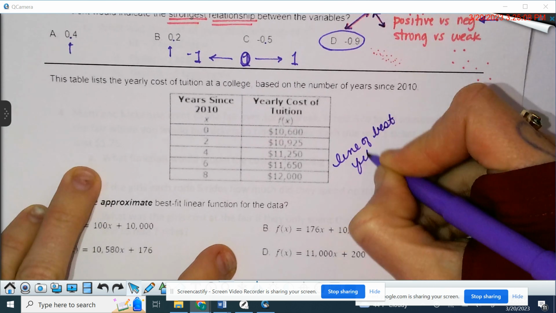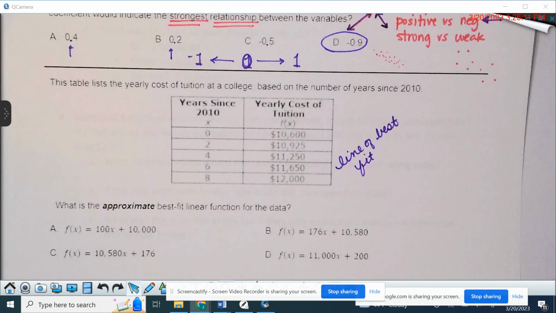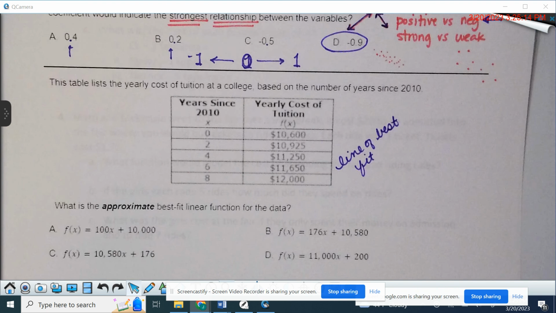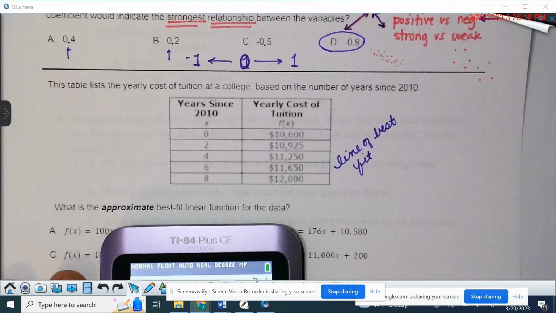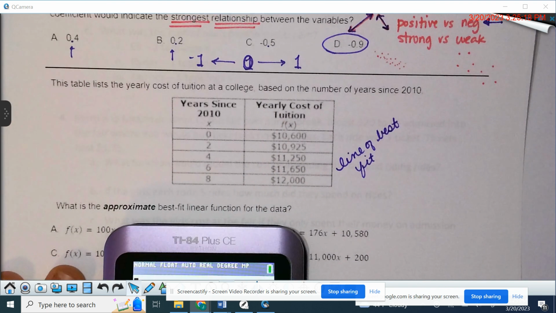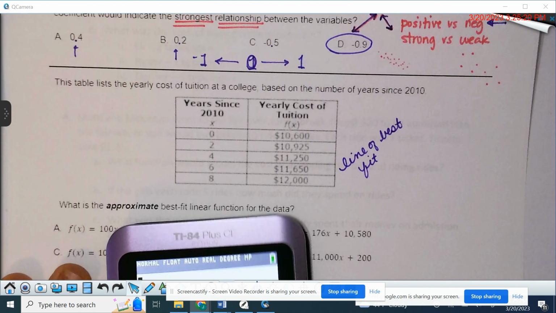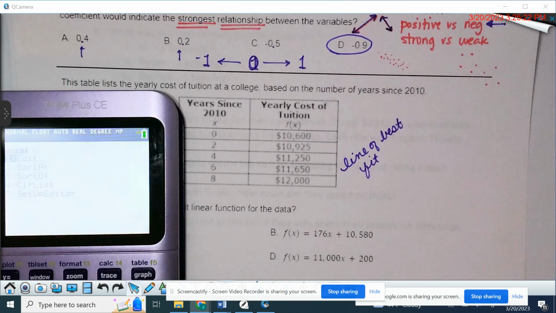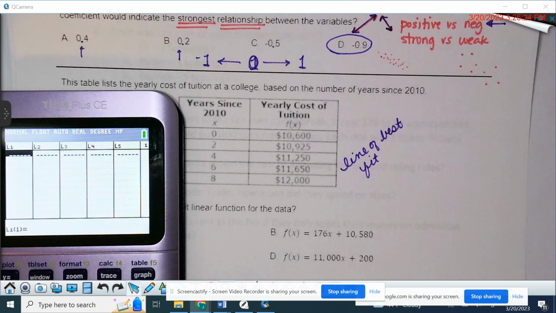And hopefully we've done that in Desmos and you've done it in your calculator. I find it easier in a calculator than in Desmos. But what you will do to do this is go to your stat edit. You're going to put in 0, enter, 2, 4, 6, 8. So you put your X values in the first column, your Y values in the second column.